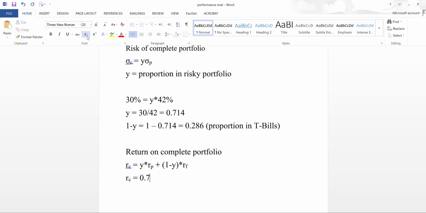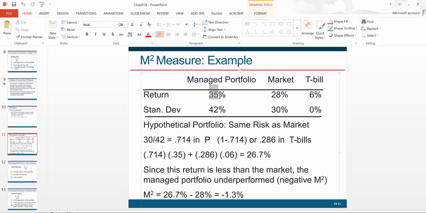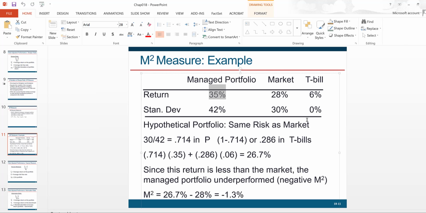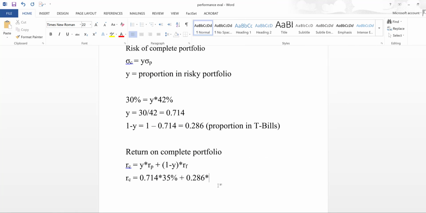Y is 0.714, we calculated that here. Y is 0.714 times the return on our risky portfolio. Return on our risky portfolio is 35%. So 0.714 times 35% plus 0.286 times 6%, that's the risk-free rate or the T-bill rate.